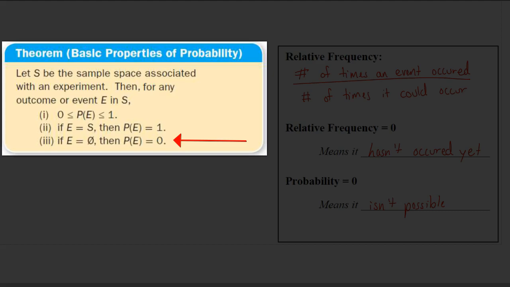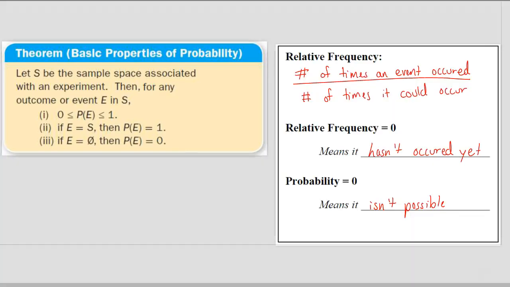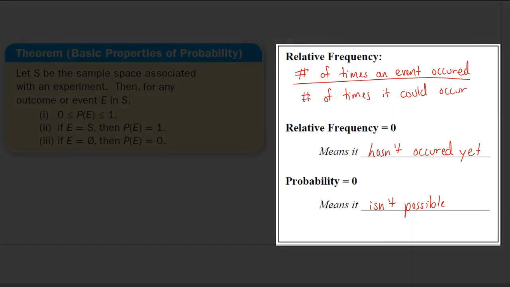That's all that's saying. Now we've talked about relative frequency. So let's talk about when the relative frequency equals 0 versus the probability equaling 0. That means 2 different things. Remember that relative frequency, that's what we learned about in the first chapter, is the number of times an event occurred over the number of times it could occur. So having a relative frequency of 0 doesn't mean that it's not possible, it just means it hasn't occurred yet.